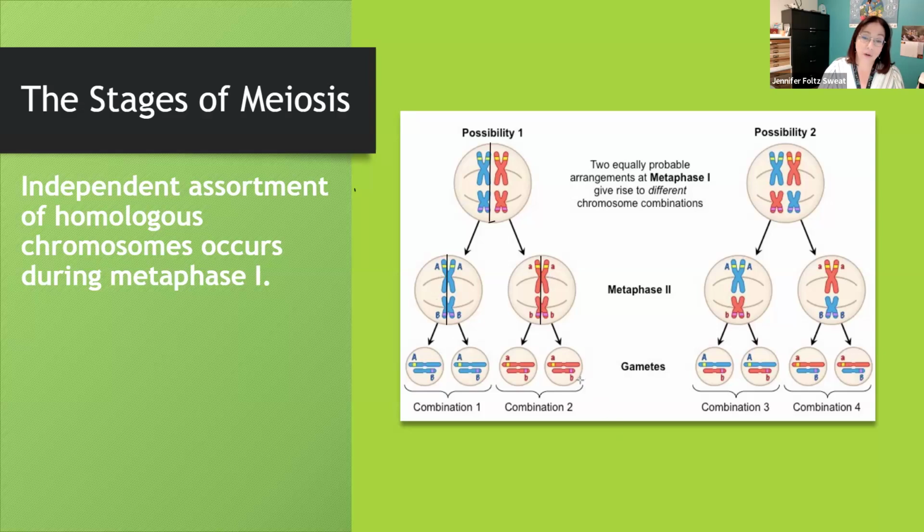You get a long red, short red, long red, short red. And so these would be your eggs or sperm. Okay. So if you look here, you have little a, little b. Those are together. But now let's look at possibility 2.